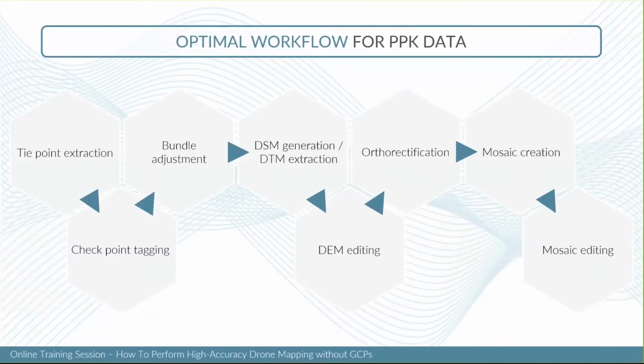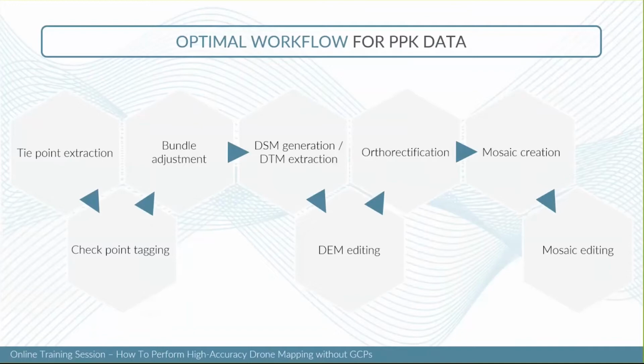If you want to assess the accuracy of your aerial triangulation, you will need checkpoints. So you will have to tag your checkpoints in your project and then do your bundle adjustment, which will refine the parameters of your camera and also the angles of your IMU, such as the omega phi kappa of your system.